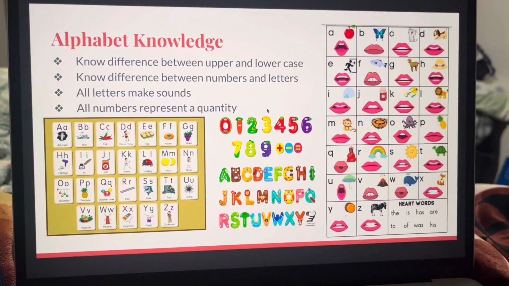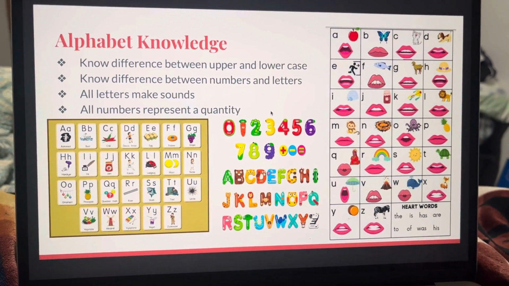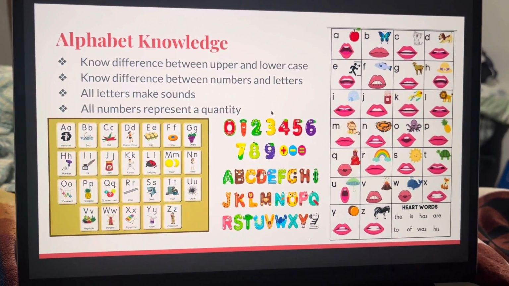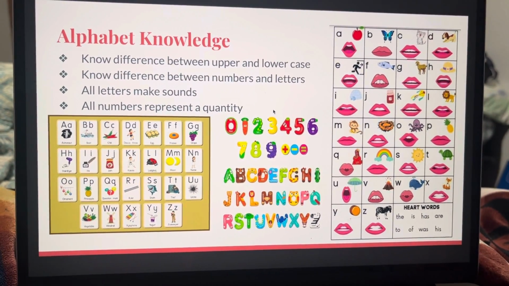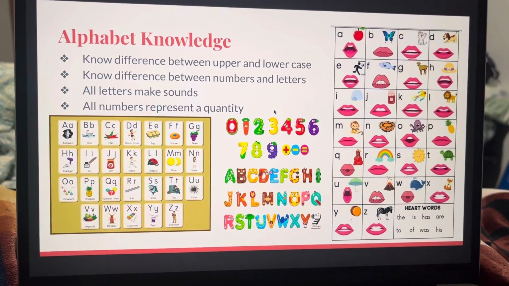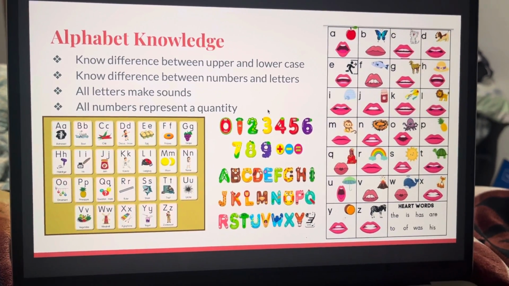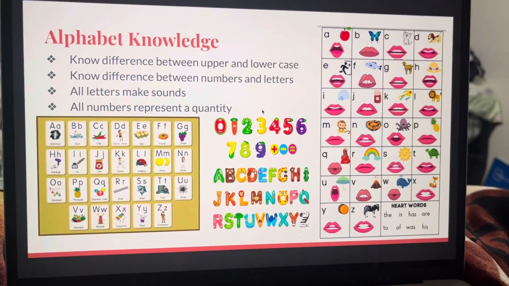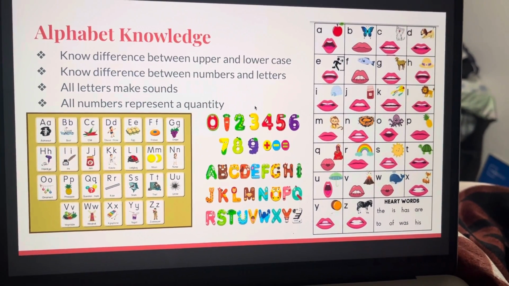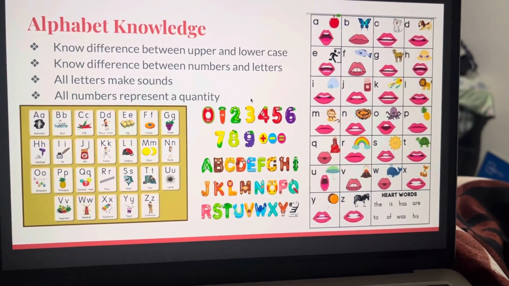Alphabet knowledge. You must know the difference between upper and lowercase letters. You must know the difference between numbers and letters. You must know all letters make sounds and all numbers represent a quantity.